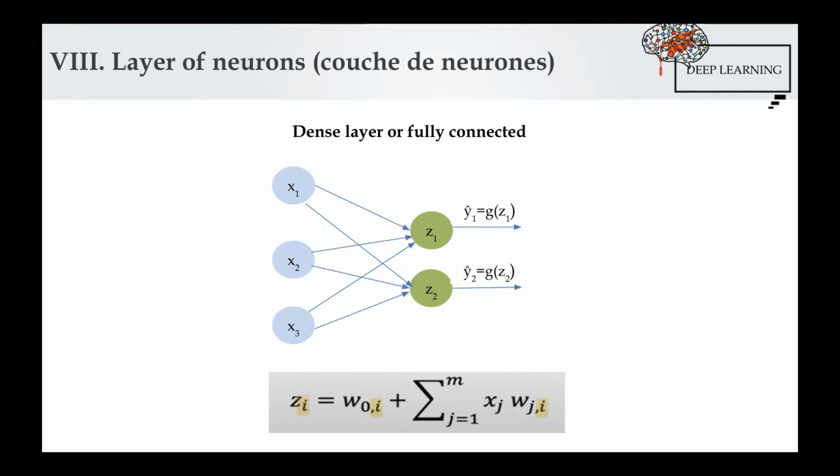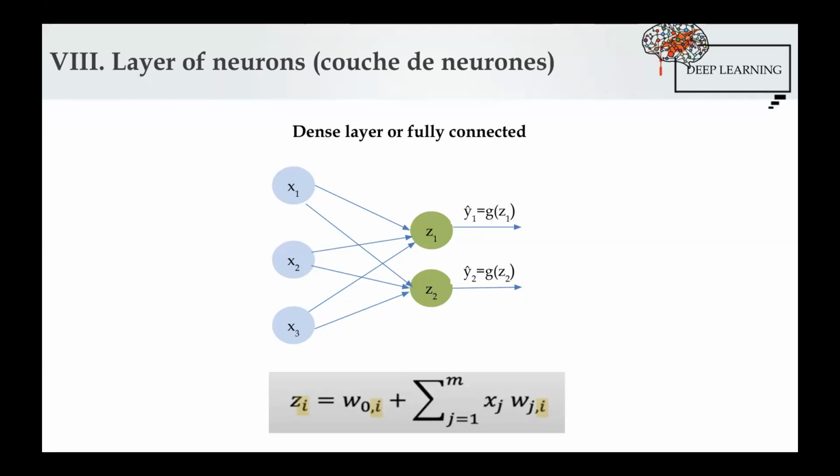Pour chaque couche, on peut avoir une matrice, avec comme nombre de lignes le nombre de neurones dans la couche, et comme nombre de colonnes le nombre d'entrées. Au lieu de faire des boucles for, on peut juste faire une multiplication matricielle et avoir la valeur des sorties.